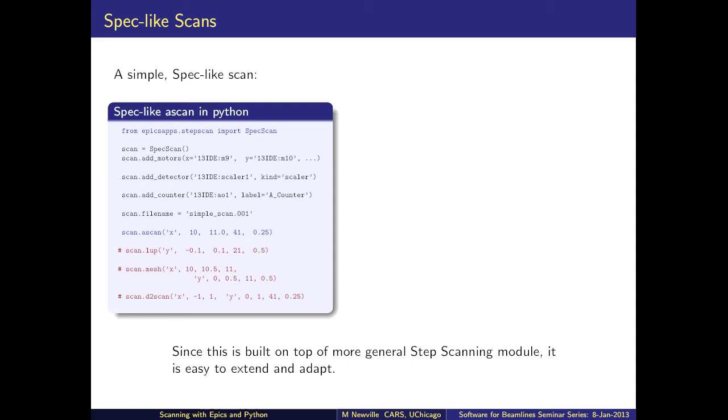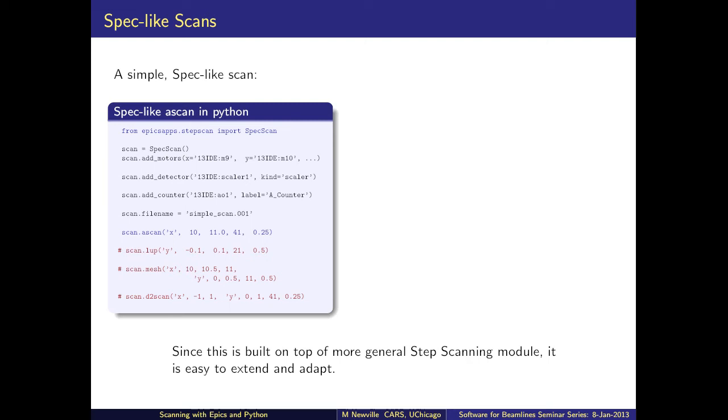Okay, so built on top of that, we started talking about this last April or May, and one of the goals for this was to have something that was like spec. Built on top of the step scan library module are simple functions that are spec-like. I don't use spec myself; we use it at a beamline.